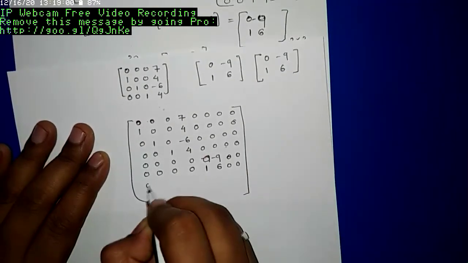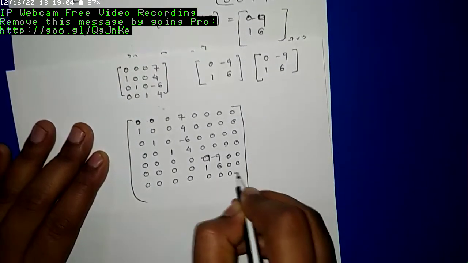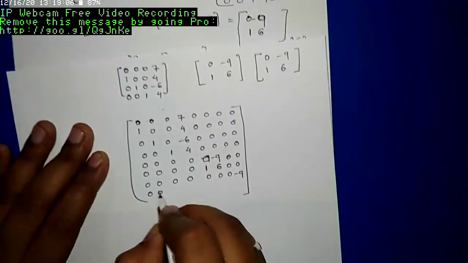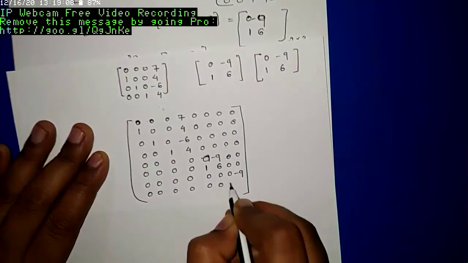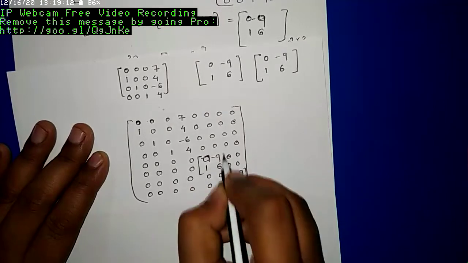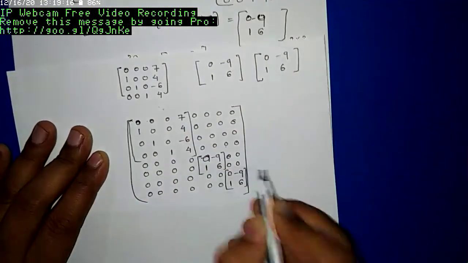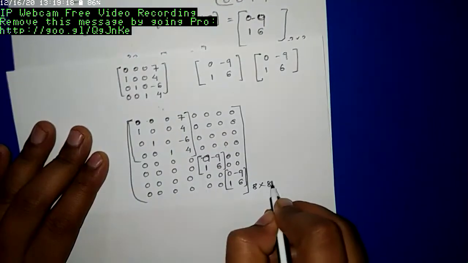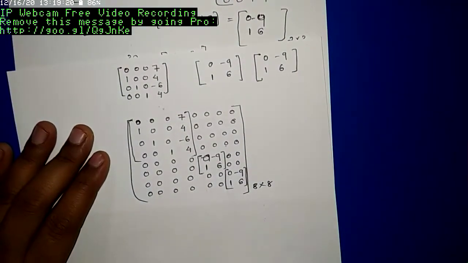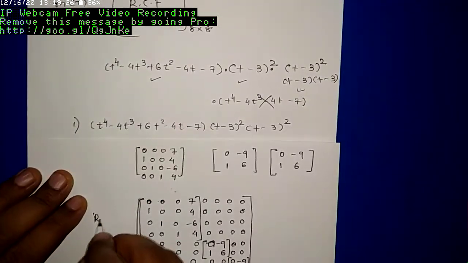Now 0 0 0 0 0 0 0 minus 9 0 0 0 0 0 0 1 6. So this is your first, second and third block. Order is not important, but this is 8 cross 8. So this is the possible RCF of this.